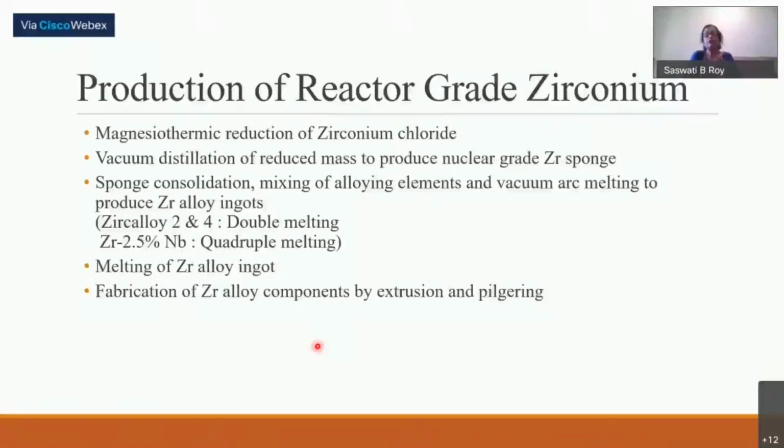And in the whole world, very few countries have mastered these technologies. India is really a master in that, and they produce large quantities of zirconium alloys.